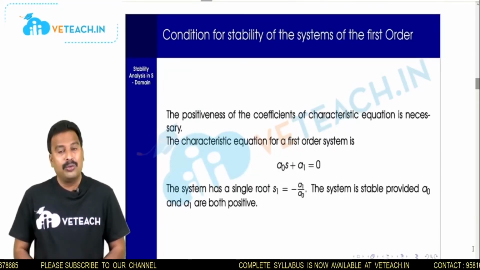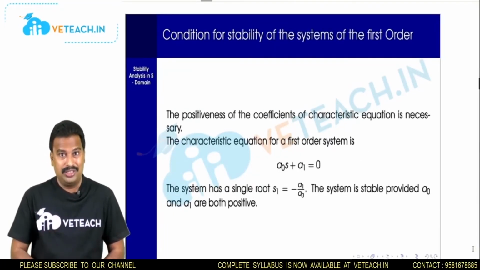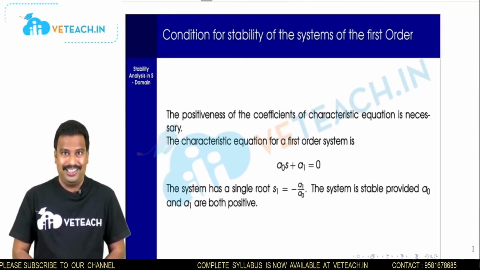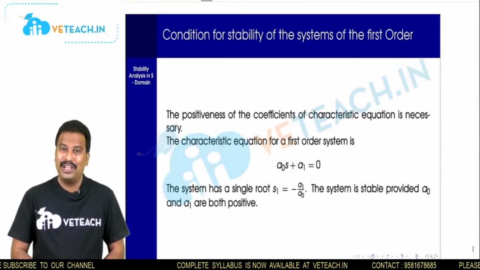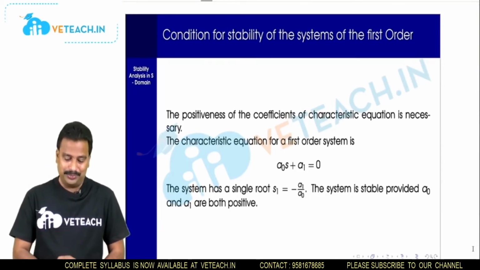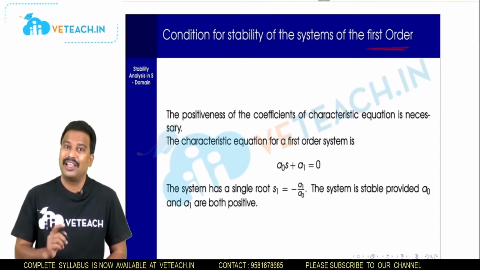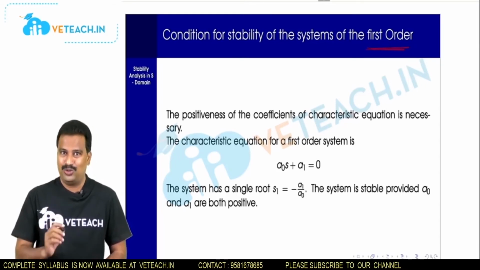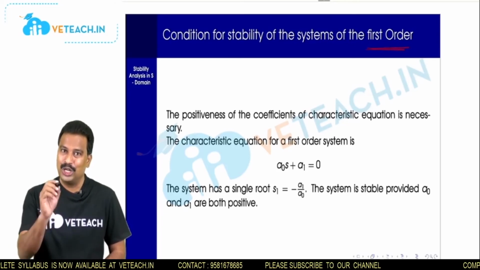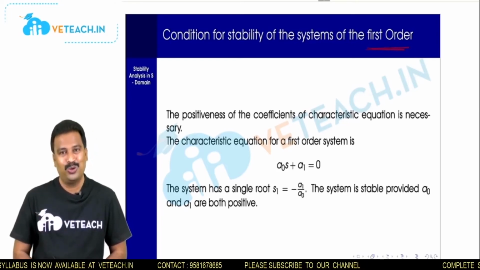Okay. So to understand the concept I told just now, let us see this with the help of a first order system. Here, a first order system is a system whose order of s is equal to 1. So in the general equation, you substitute n is equal to 1.